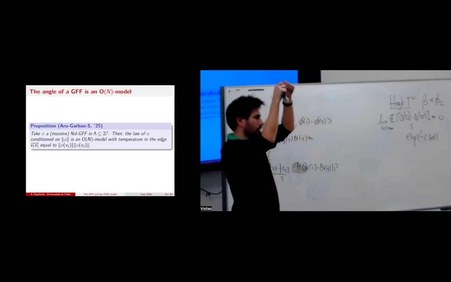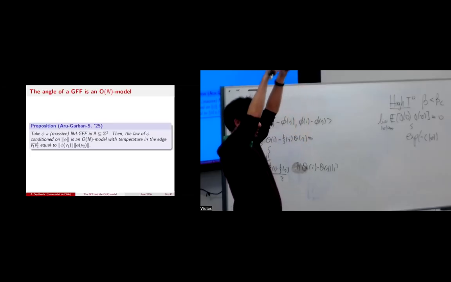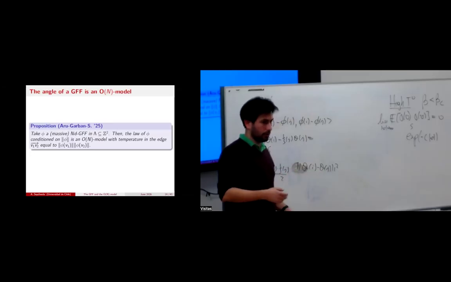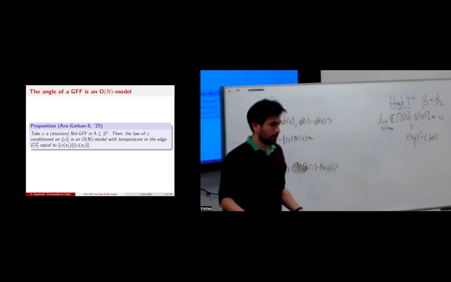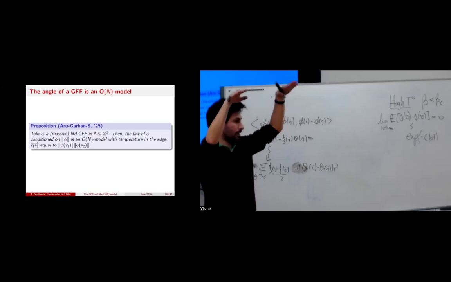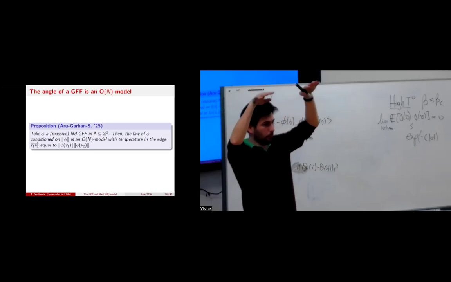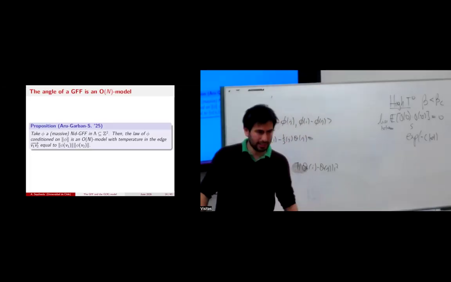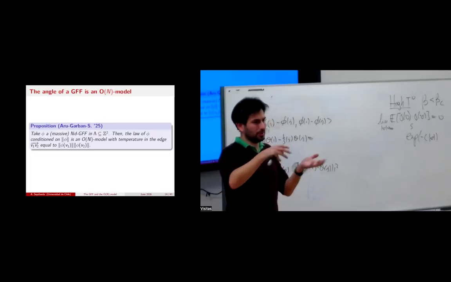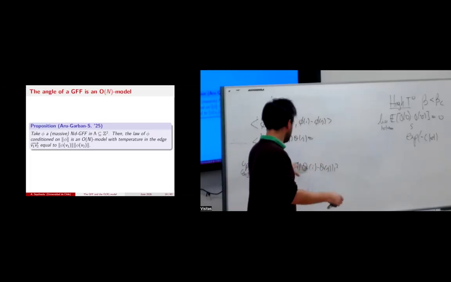So essentially, the higher the GFF is, the lower the temperature is for the XY model. That's the intuition. The higher I am as a GFF, the less my angles want to move, so it's an XY model which is more and more frozen. At the same time, if the norm is 0, then you don't care about the angle, so it's like you don't have that edge anymore.